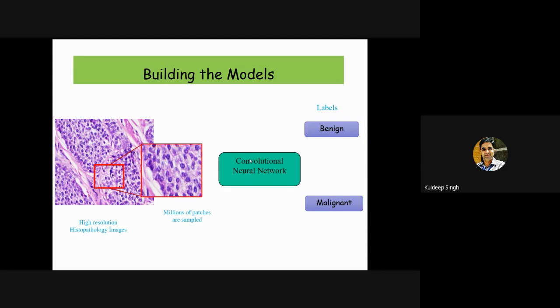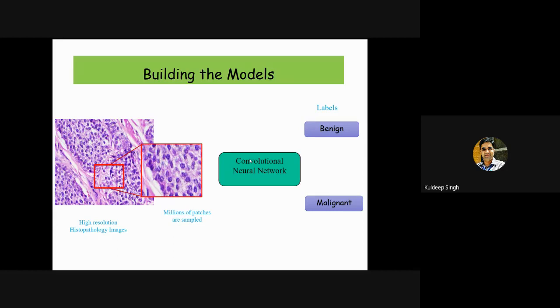So in that case, it is not advisable to feed the complete high resolution image for the training or testing of these models. What we do is sample different patches from these high resolution images, these samples are labeled, and the models are trained on these patches sampled from the histopathology images.